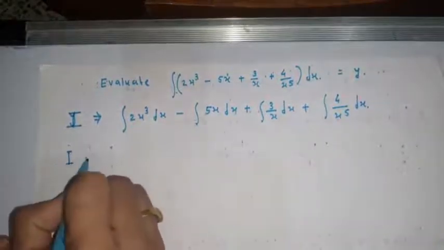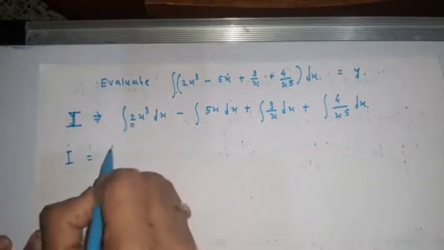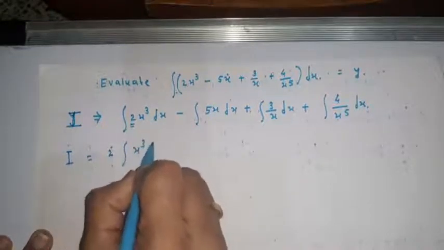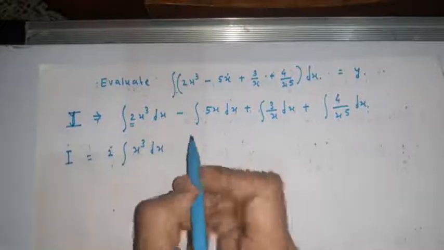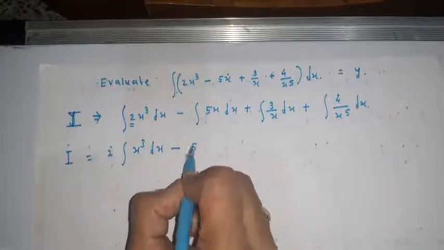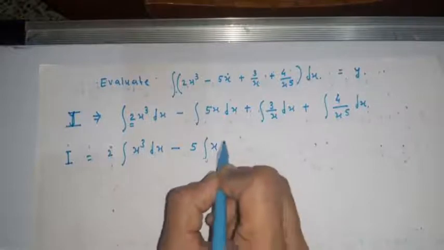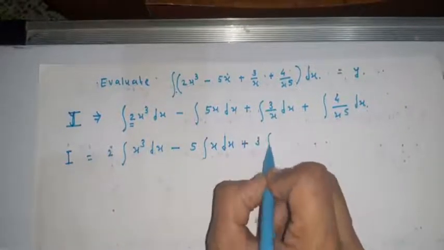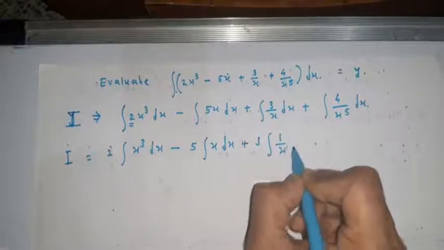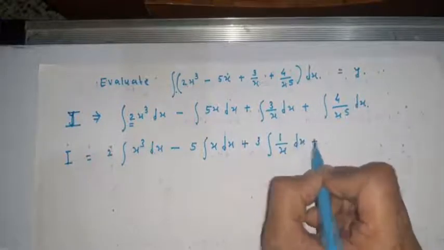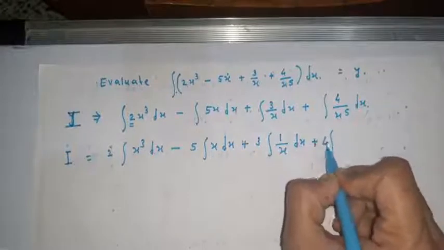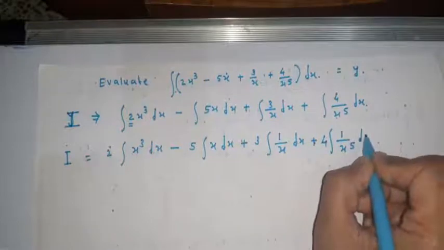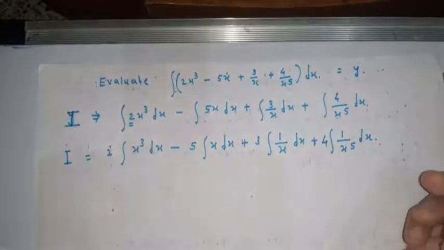Therefore, I equals, here 2 is a constant, so take it outside: integration of x raised to 3 with respect to x, minus 5 as a constant, integration of x with respect to x, plus 3 as a constant, integration of 1 upon x with respect to x, plus 4 as a constant, integration of 1 upon x raised to 5 with respect to x.